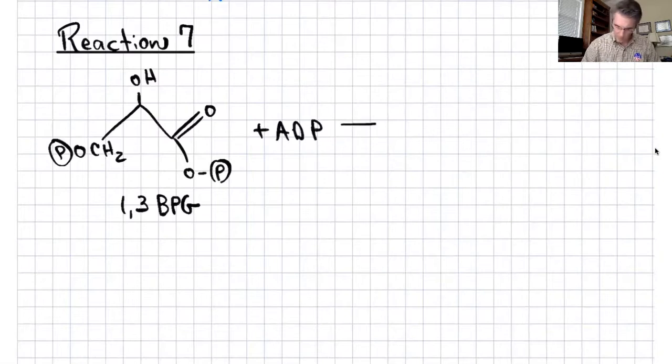And we're going to use the high phosphotransfer potential that we've discussed, the significantly higher phosphotransfer potential of that phosphate group on 1,3-bisphosphoglycerate to do a so-called substrate level phosphorylation event. Essentially, we're going to directly synthesize ATP from ADP by transferring that phosphate group right there onto the ADP to directly synthesize ATP, right?